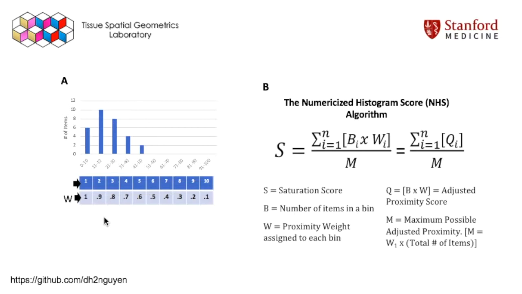But essentially, the novelty is that you add a weight, positional weight, to every bin in your histogram, and you multiply the number of items in each bin to its weight, so you get a product. In this case, you have 10 products because there are 10 bins. If you sum the 10 products, you get a number, and you divide that number by what I call the maximum saturation here, and you get still another number. And so the advantage of the NHS algorithm is that it turns histograms into single numbers.